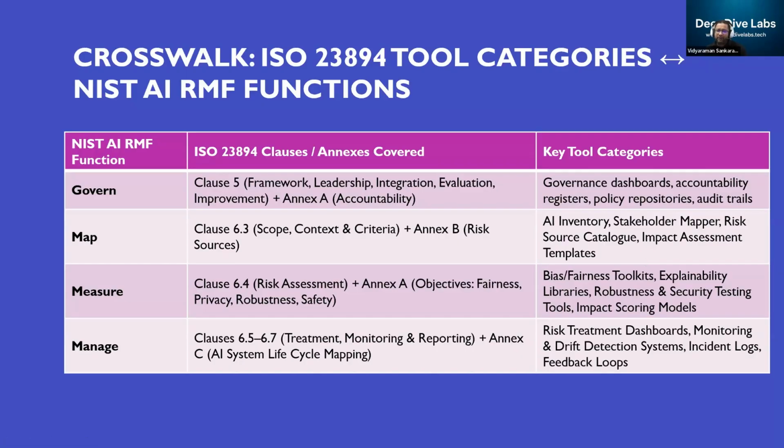Now, I want to take a pause here to very clearly delineate what it means to have different tool categories versus tools. So let us just take, for example, row 2 Map and row 3 Measure, and let us do just the mapping around AI inventory. What does mapping around AI inventory mean?